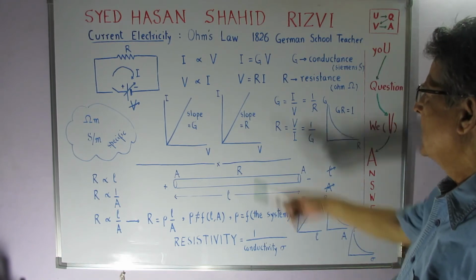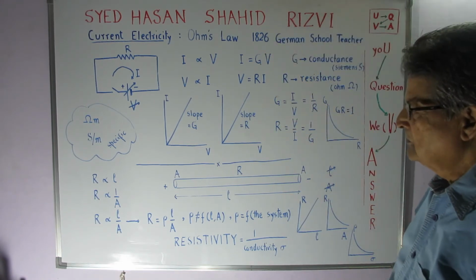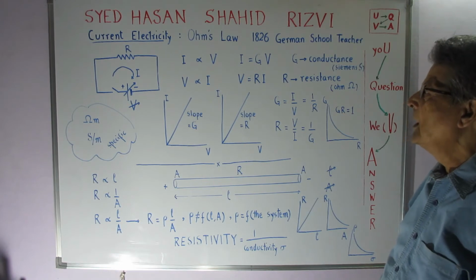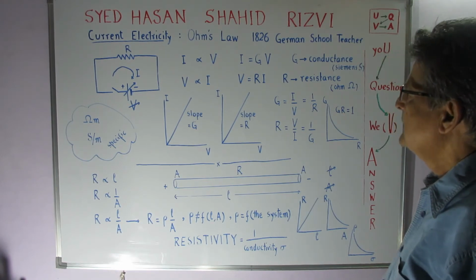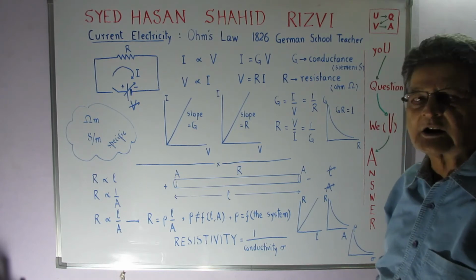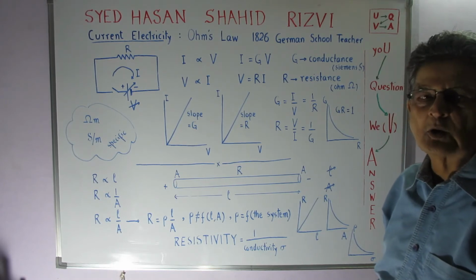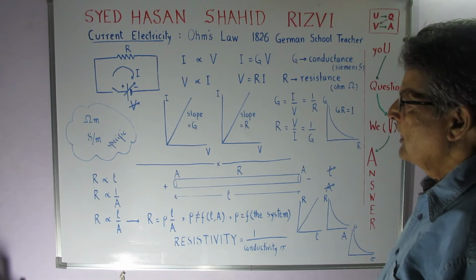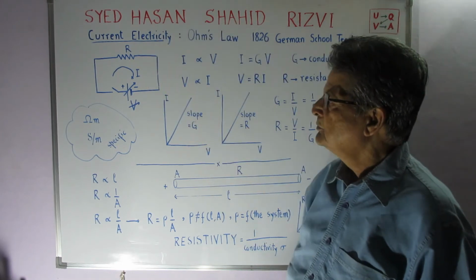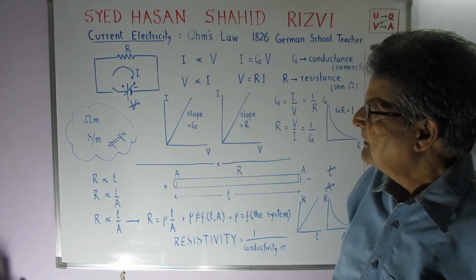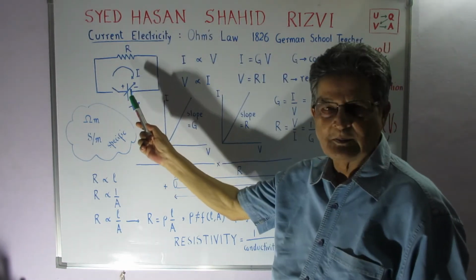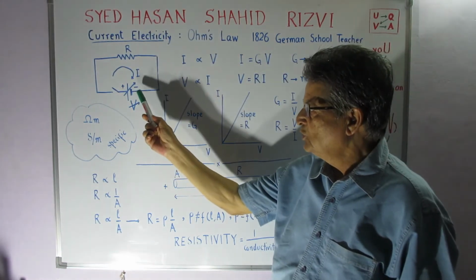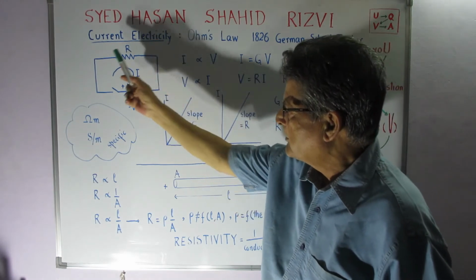Maybe I'm right, maybe I'm not so right. This German school teacher studied conductors, which we also call resistors, with this symbol over here, and he made a circuit. Circuit means you start from some point and end up at the same point.